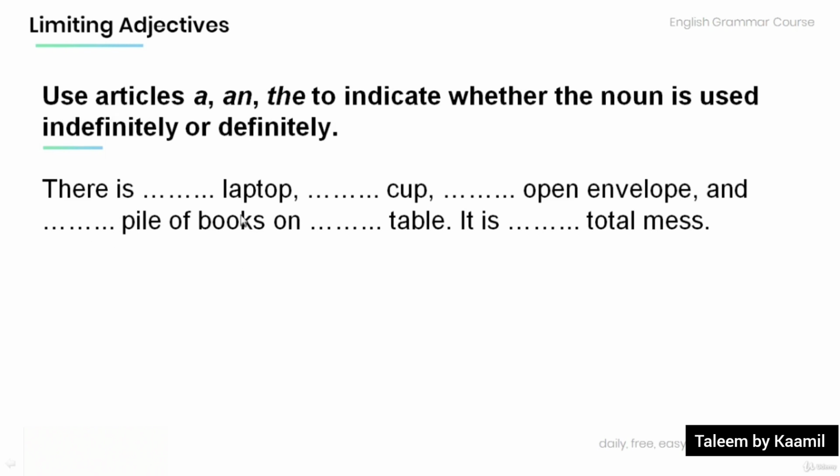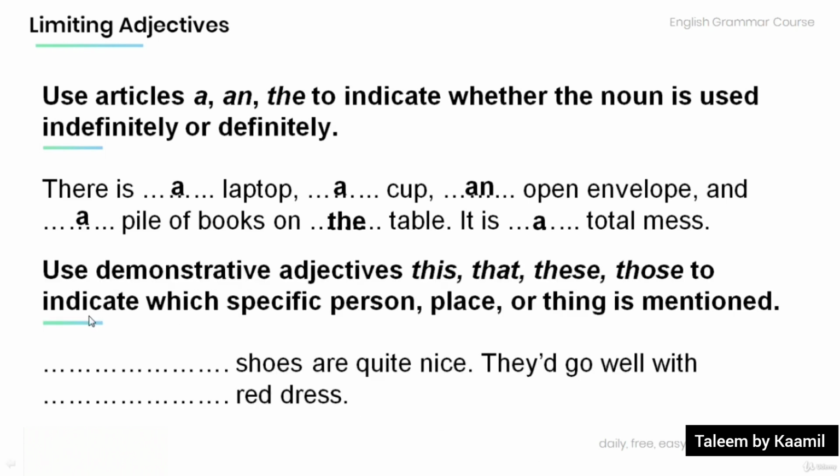There is laptop, cup, open envelope, and pile of books on table. It is total mess. There is a laptop, a cup, an open envelope, and a pile of books on the table. It is a total mess.